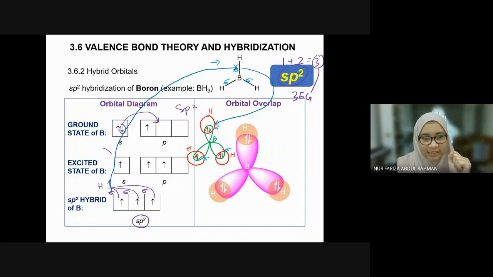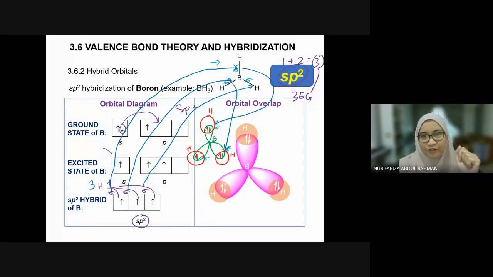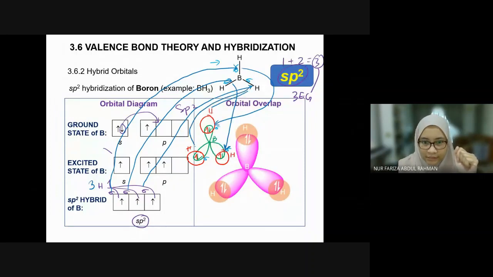The second sigma bond on the orbital diagram here, we have 3 hydrogen. So this one will be the same as this on the Lewis structure and also the same as this. You can point anywhere, it doesn't matter. Okay, the same as this on the orbital overlap. And the third sigma bond will be the same as this and also the same as this.